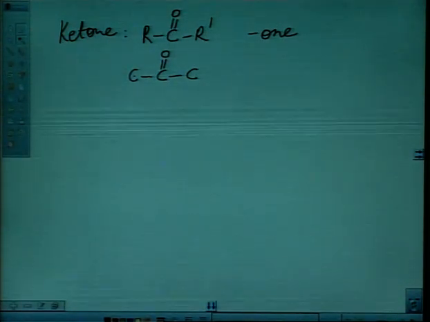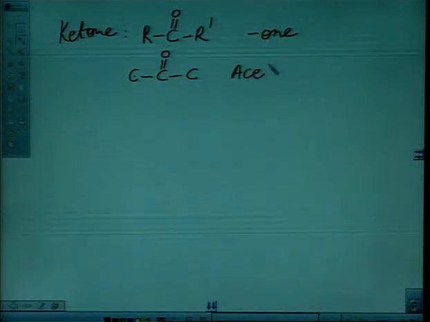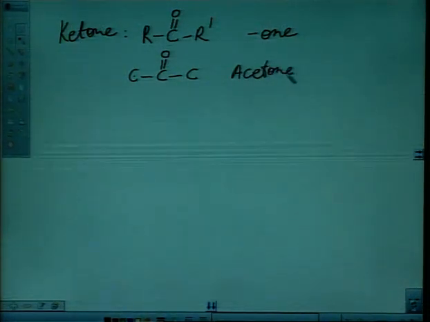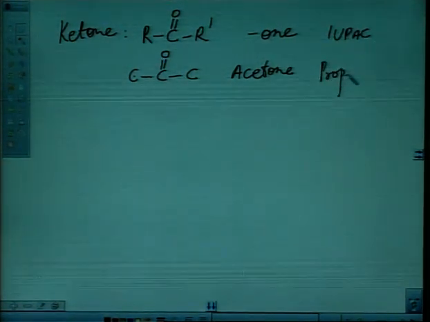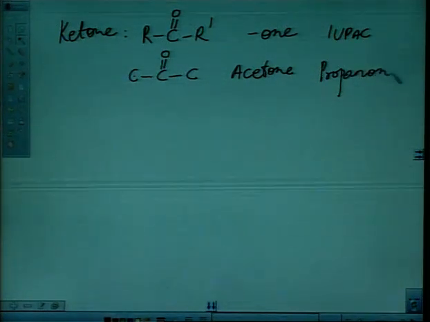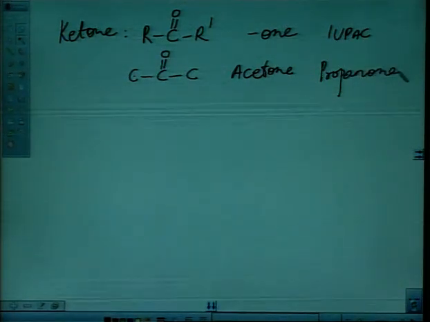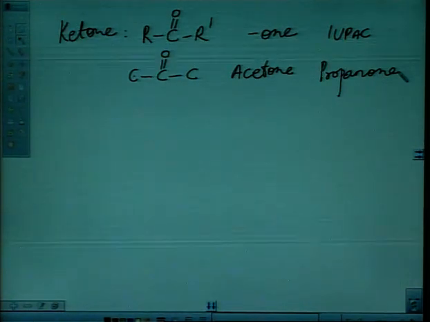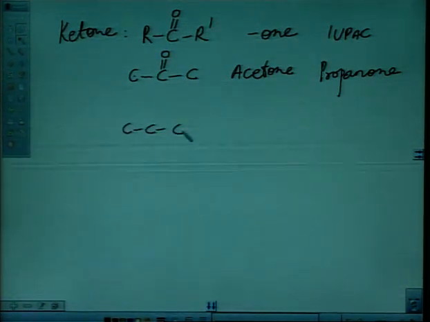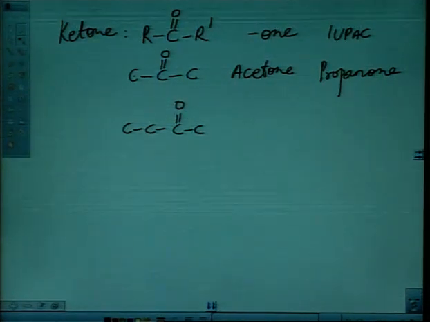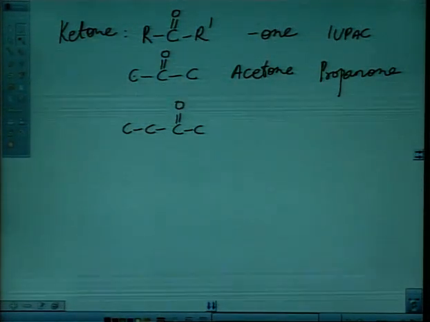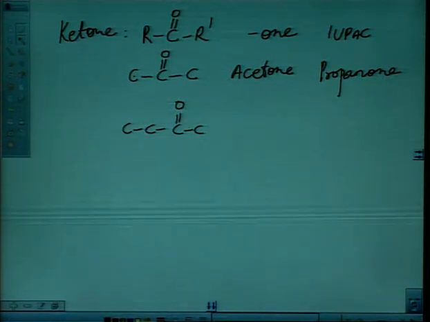The common name of this compound is acetone, and the IUPAC name is propanone. For 4 carbons, the common name is ethyl methyl ketone.